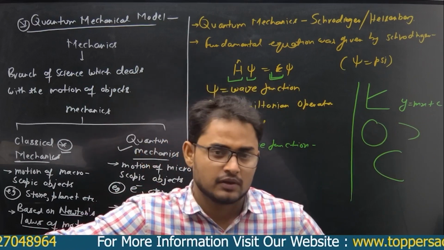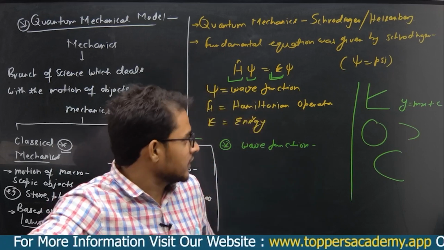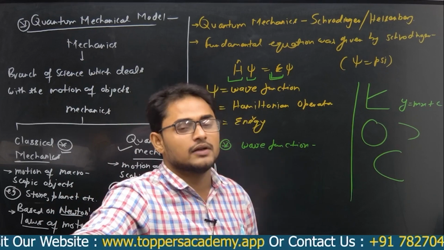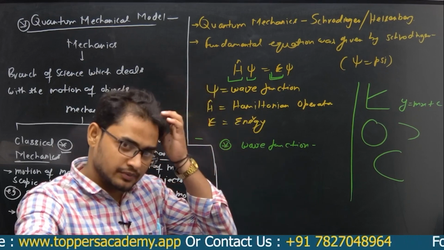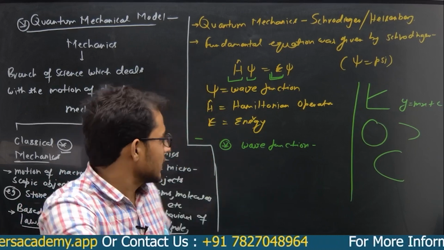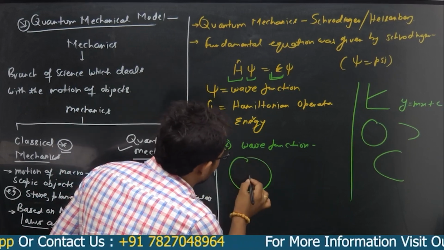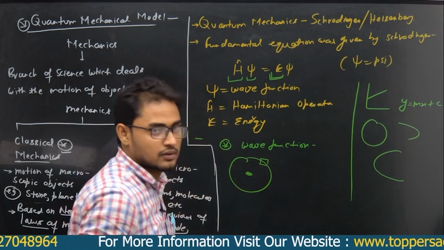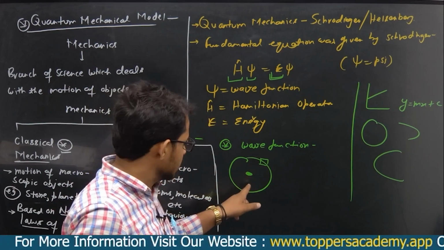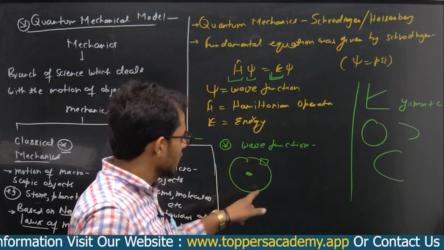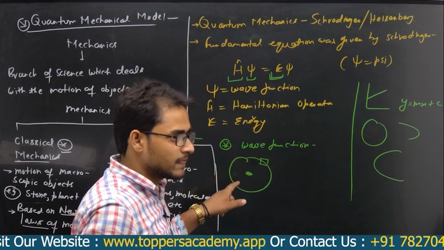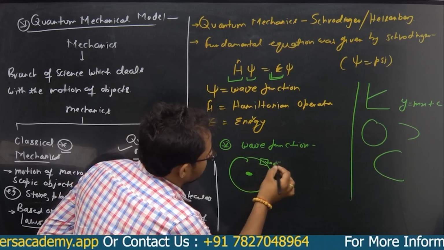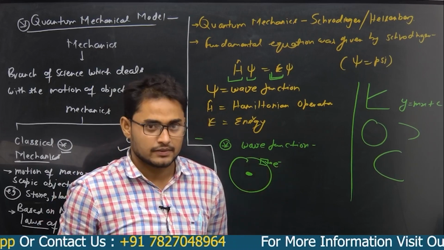Any shape can be represented mathematically by an equation, right? It is a mathematical representation of that structure or of that shape. Similarly, in an atom, suppose there is a nucleus and around it there is an orbit, and in this orbit the electron is revolving, and suppose in this space the electron is present, right?